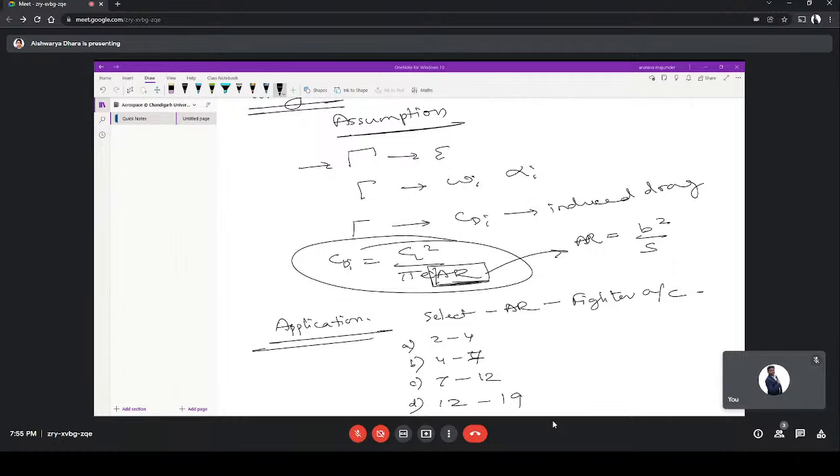So, if you are asked to select the appropriate range of aspect ratio for a fighter aircraft, what should be the appropriate range? Option A 2 to 4, B 4 to 7, C 7 to 12, and D 12 to 19. Okay, I want some more answers from the viewers.